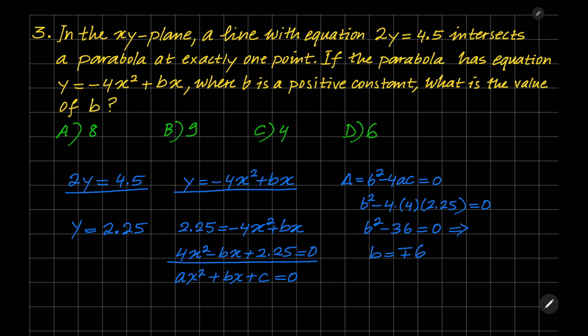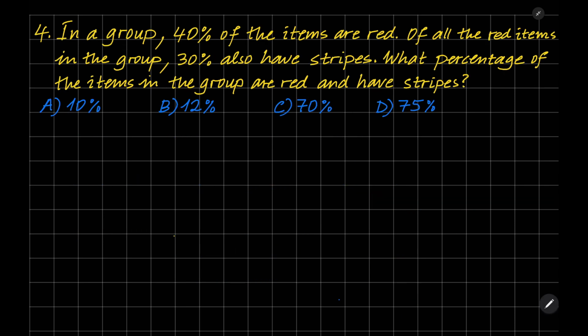But the question says b is a positive constant. So b equal to 6 is the answer. Choice D is correct. Now let's go to the next question. Question 4. In a group, 40% of the items are red.